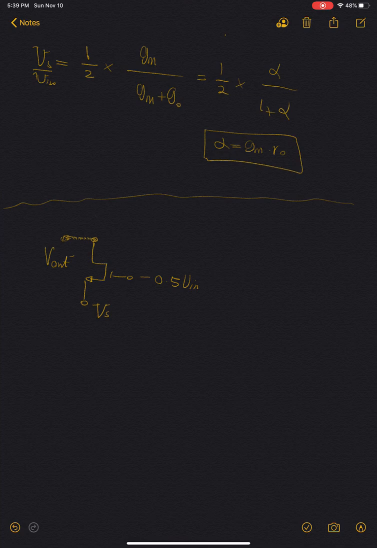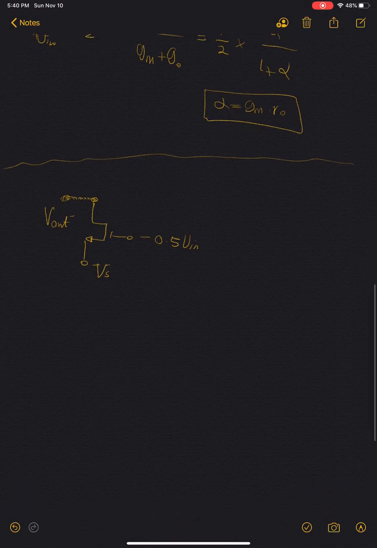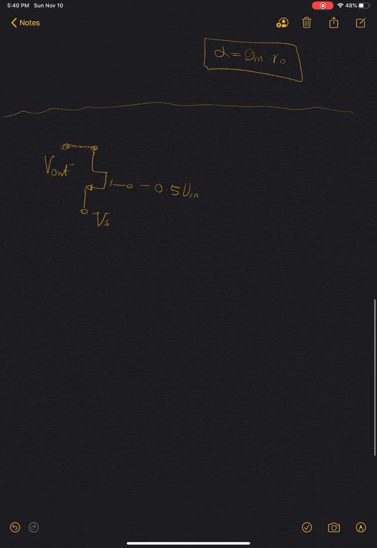I do the superposition, and you guys can do the other way, where you just solve this equation in one strike. So if you want to use superposition, either I need to make the Vs equal to 0 or Vin equal to 0.